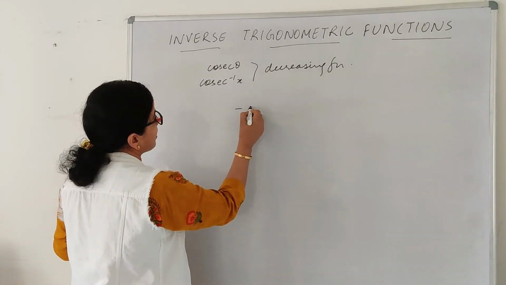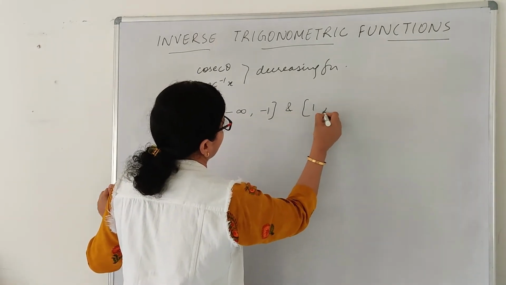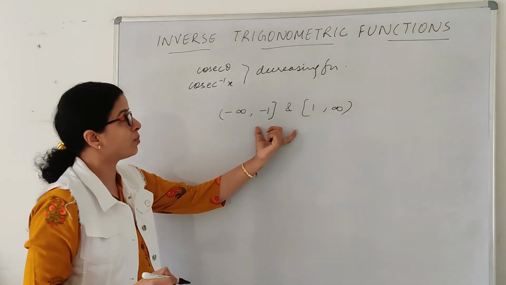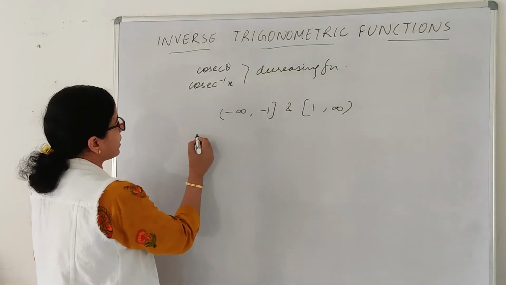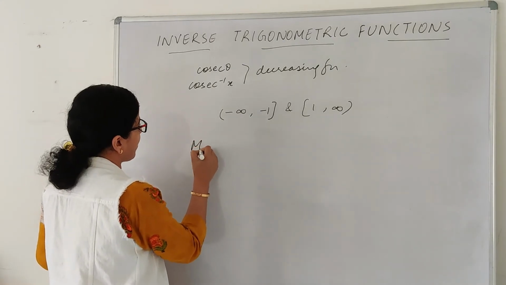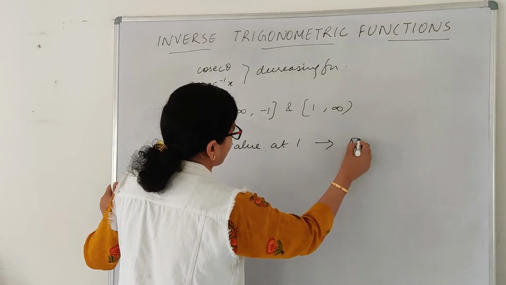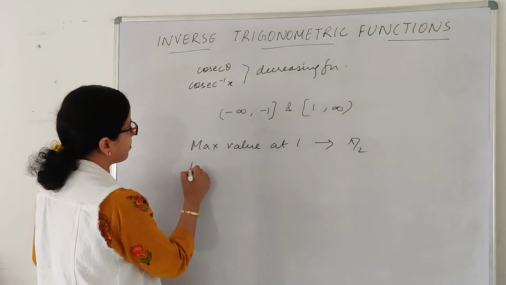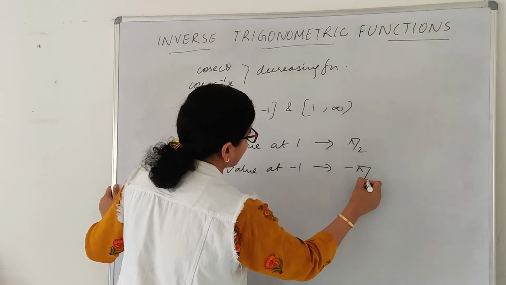In minus infinity to minus 1 and 1 to infinity, it is a decreasing function. Now cosec inverse x attains its maximum value at 1, which is pi by 2, and it attains its minimum value at minus 1, which is minus pi by 2.